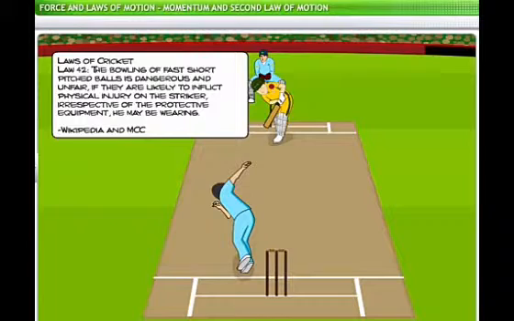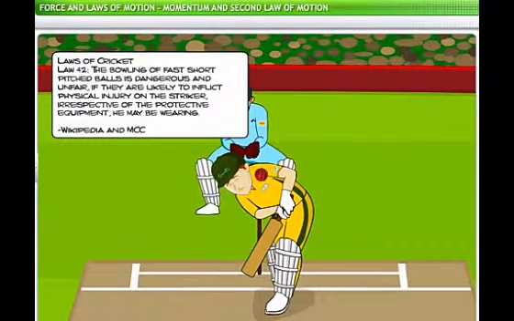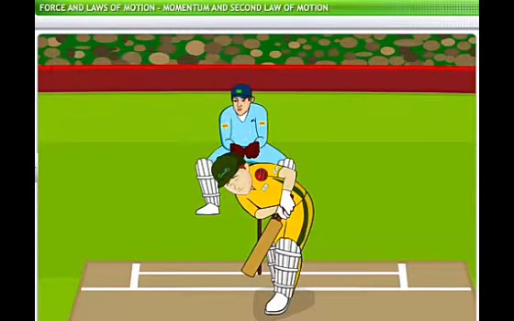According to Law 42 of the Laws of Cricket, the bowling of fast short-pitch balls is dangerous and unfair if they are likely to inflict physical injury on the striker, irrespective of the protective equipment he may be wearing. How could a small object like a ball inflict injury on a cricketer?